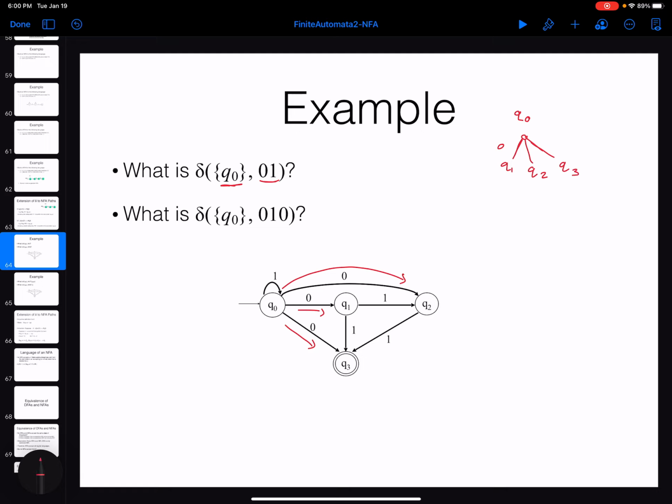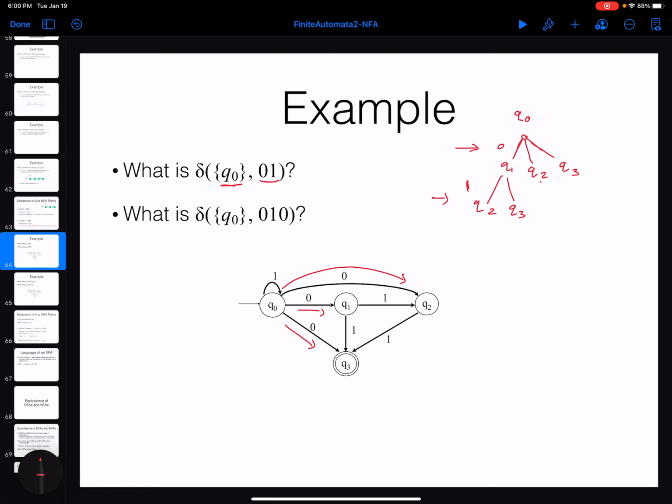Then by reading a 1 from Q1, you have two possibilities: you can go to Q2 or Q3. This level represents reading a 0, and this level represents reading the 1.